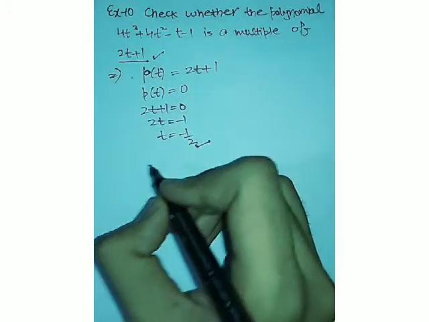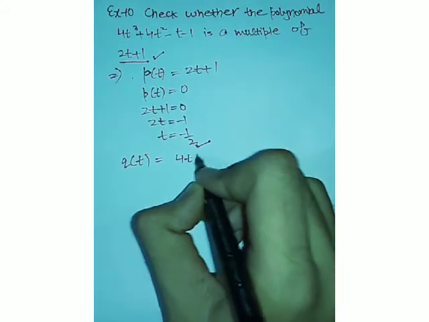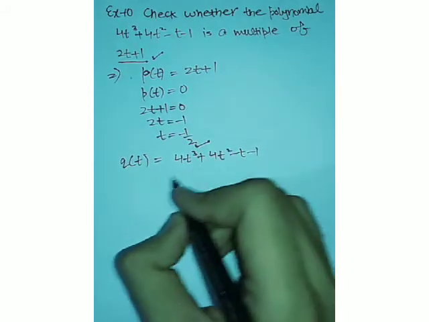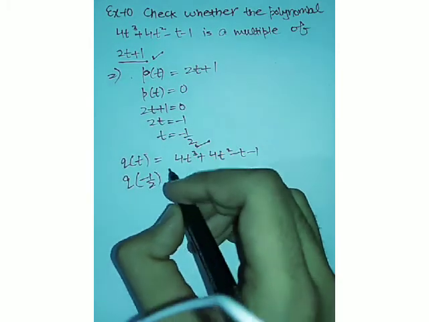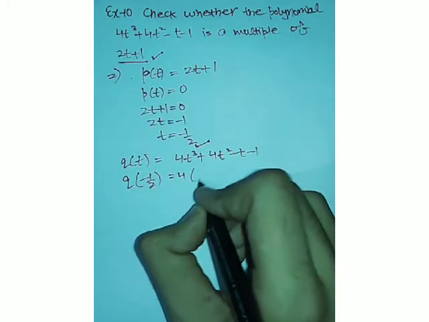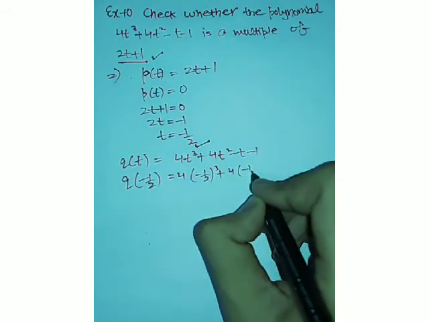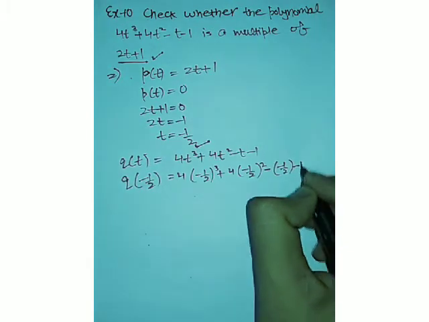Now q of t is given to be 4t cube plus 4t square minus t minus 1. We have to find q of minus 1 by 2. We will see 4 times minus 1 by 2 cube plus 4 times minus 1 by 2 square minus minus 1 by 2 minus 1.